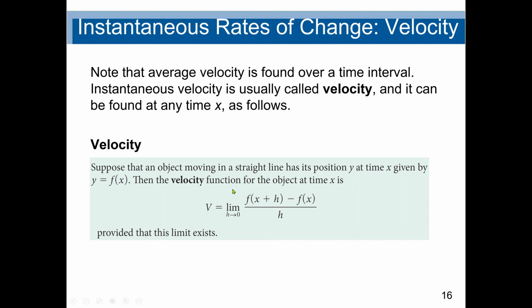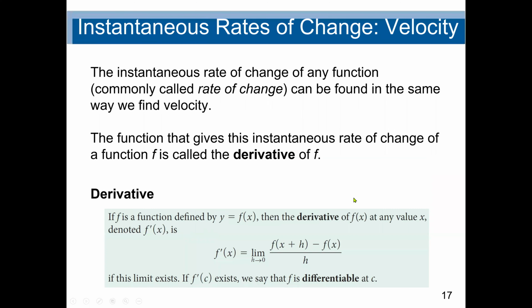Now, this tells us that the derivative is based on the average rate of change of something, in this case a velocity function. And that's the formula here. So you can see they tell us from the velocity point of view.